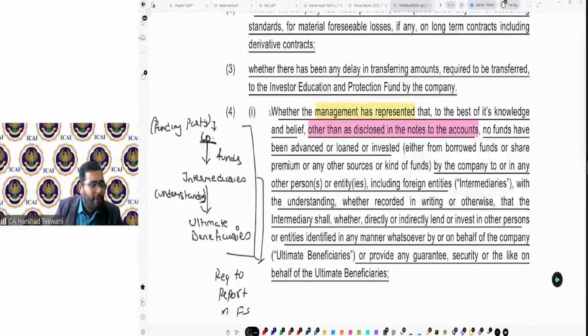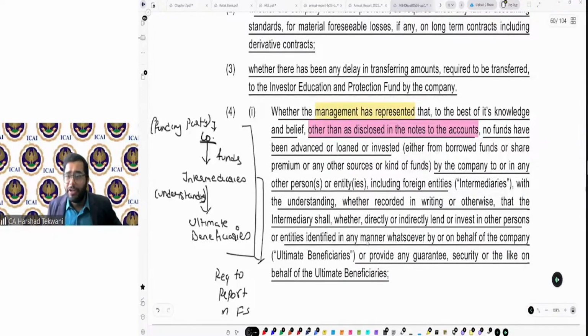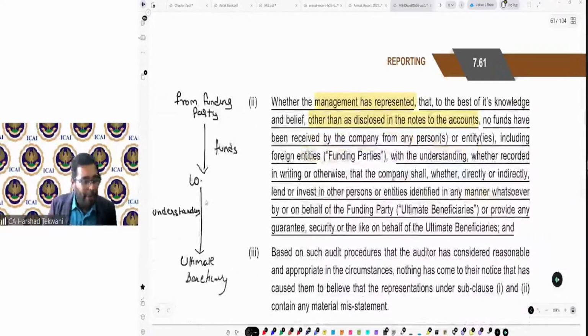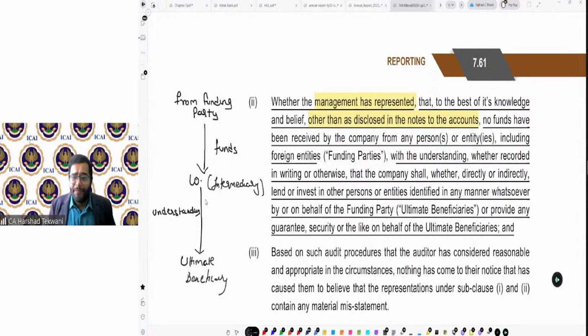The company was a funding party and company was giving fund to intermediaries. Now company is an intermediary in second point, who is receiving the funds to invest in ultimate beneficiaries. So, other than disclosed, there should not be any such transaction, and that representation management should provide you. So, you need to report whether you have received that representation or not.